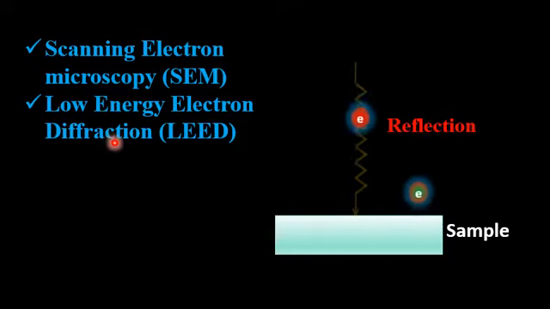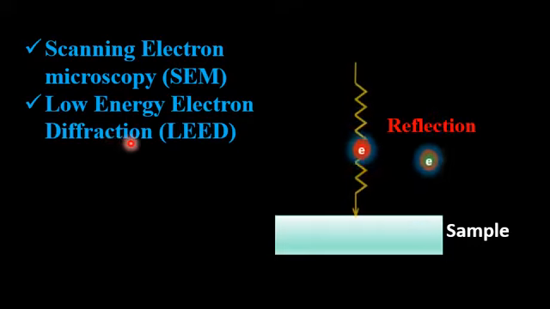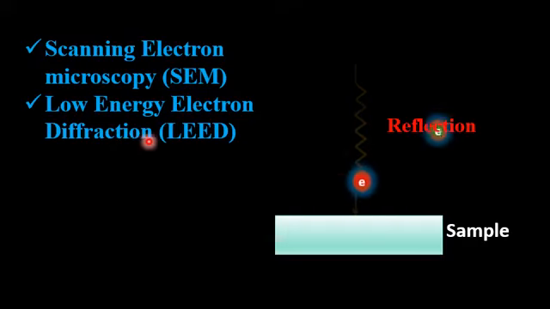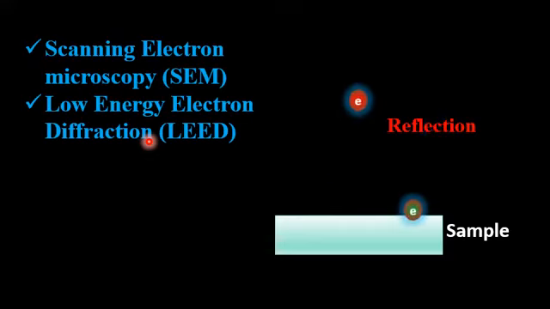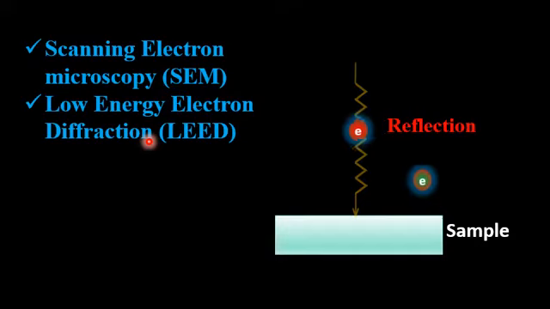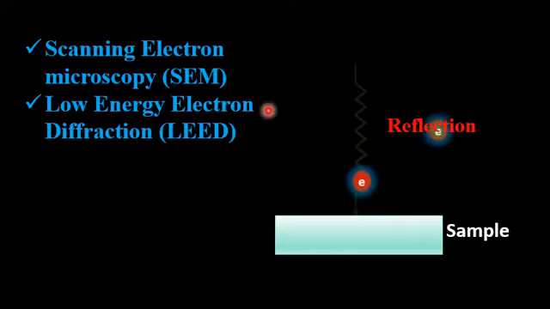On the basis of the observation of the diffracted electrons as spots on a fluorescent screen, which is used in LEED, we get information about the structure of a single crystal. So in simple words, LEED is a technique which is based on a reflection process caused by an electron beam.